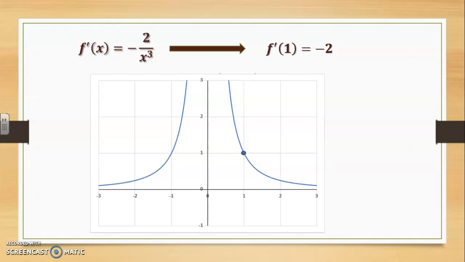Now remember, when x is 1, the function's value is 1 over 1 squared. So the position on the graph is at position 1, 1. Its slope is what the derivative is measuring. And it certainly looks like minus 2 is an appropriate number to represent that rate of variation.